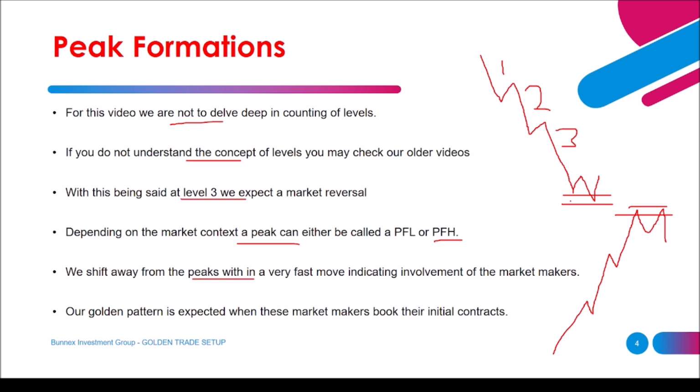So at peaks, although some traders love to trade from the peaks, they are actually points of high risk. Why? Because the market makers have all the room to manipulate the markets. So I advise not to get your entries from these peaks, because in some cases you'd see that they issue a very beautiful reversal pattern like an M, but later they'll do like this to grab all your orders before they go away.